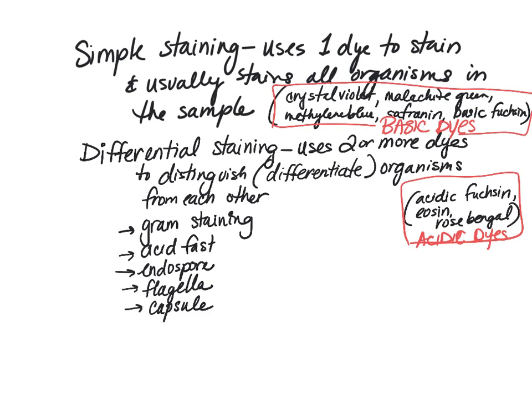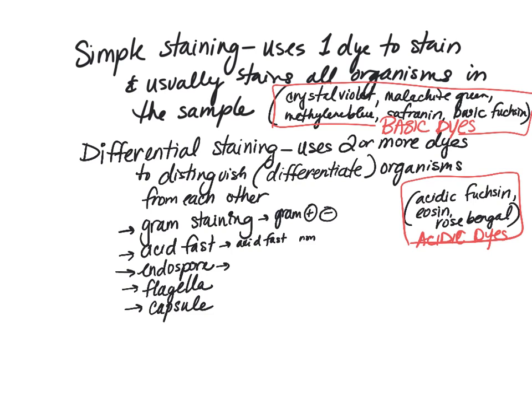And what that means, again, is that we can distinguish between different organisms or different parts of an organism. In gram staining, we're going to differentiate between gram-positive and gram-negative organisms. In acid-fast, we're going to distinguish between acid-fast organisms and non-acid-fast organisms.